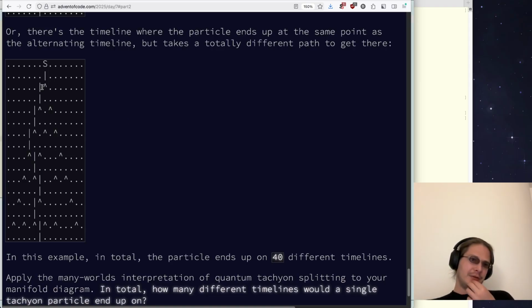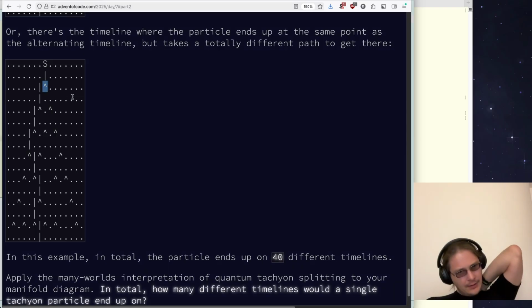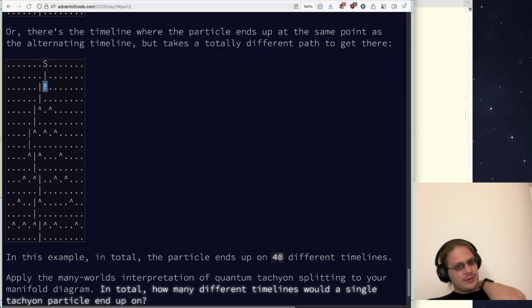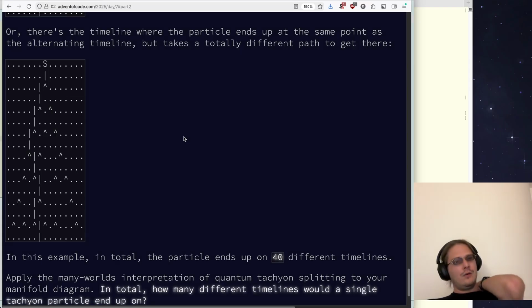So this splitter, one splitter that was hit by a beam, actually creates two timelines, right? This one also creates two timelines.